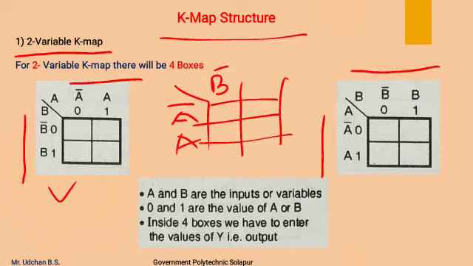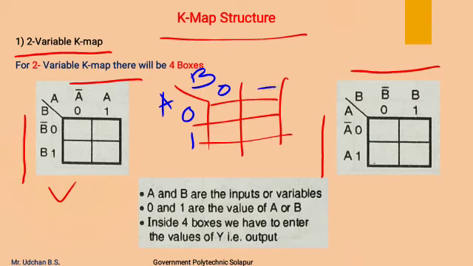Otherwise we can write it in the form of 0 and 1. Vertically we are going to write a, so I will write a over here. Horizontally we are going to write b here. As this is the position of a bar, I will represent it as 0, and this is the position of a, I will represent it as 1. Again, this is the position of b bar, I will write it as 0.